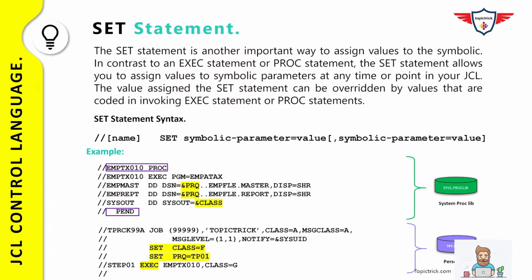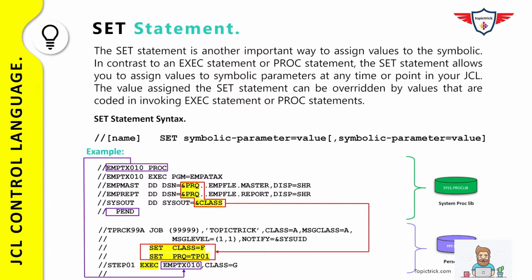And if you notice STEP01, which is an EXEC statement to invoke the catalog procedure EMPTX010, on this step I've also specified the symbolic parameter CLASS equals G. Now in this situation, the value of the CLASS parameter specified on the EXEC statement will override the value specified with the help of the SET statement. So this is an important point and you should always remember that.